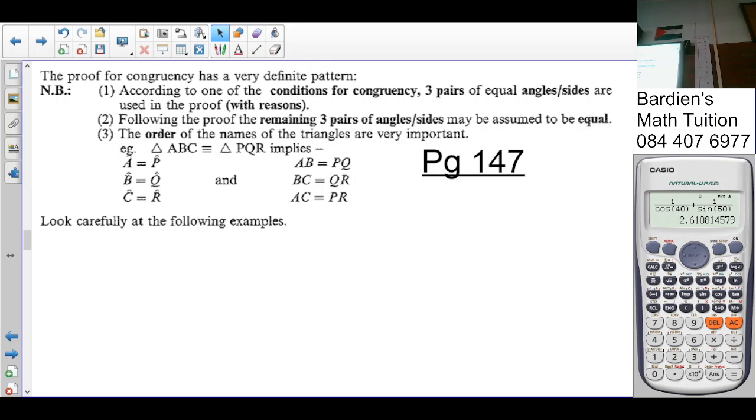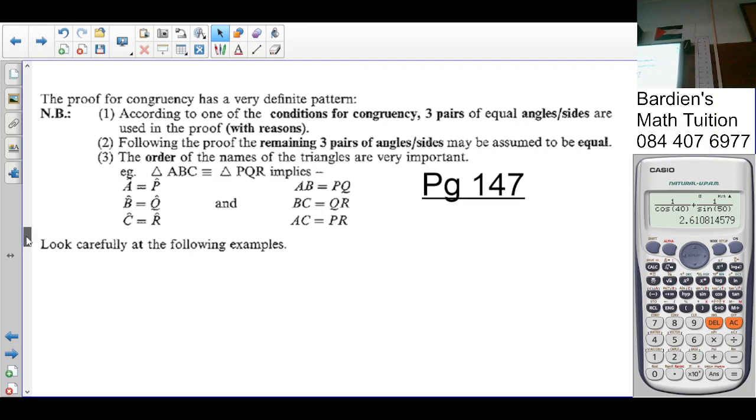Here we are told that the proof of congruency has a very definite pattern. According to one of the conditions for congruency, 3 pairs of angles or sides are used in the proof with reason. Following the proof, the remaining 3 pairs of angles and sides may be assumed to be equal.